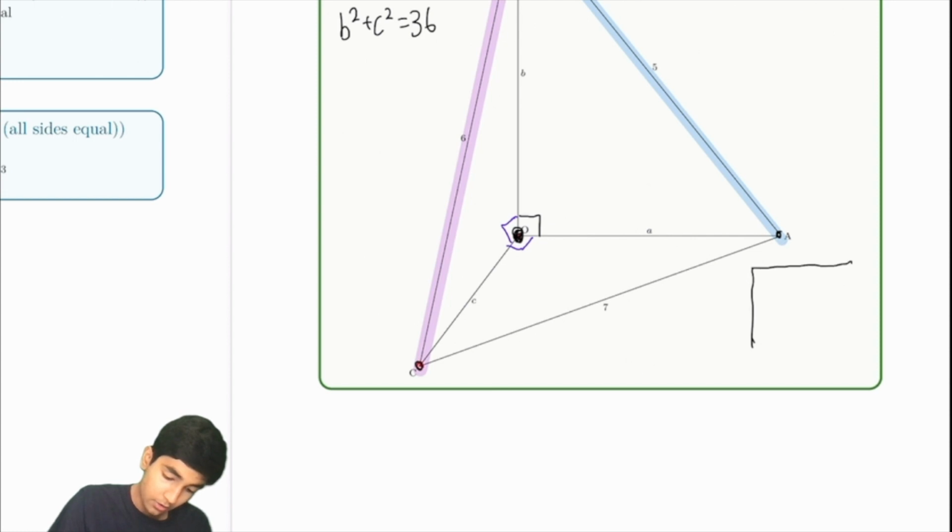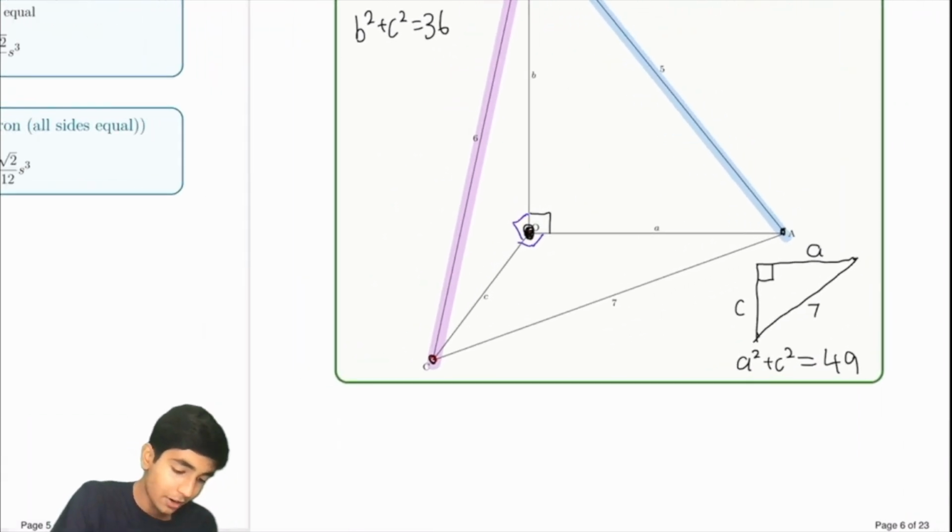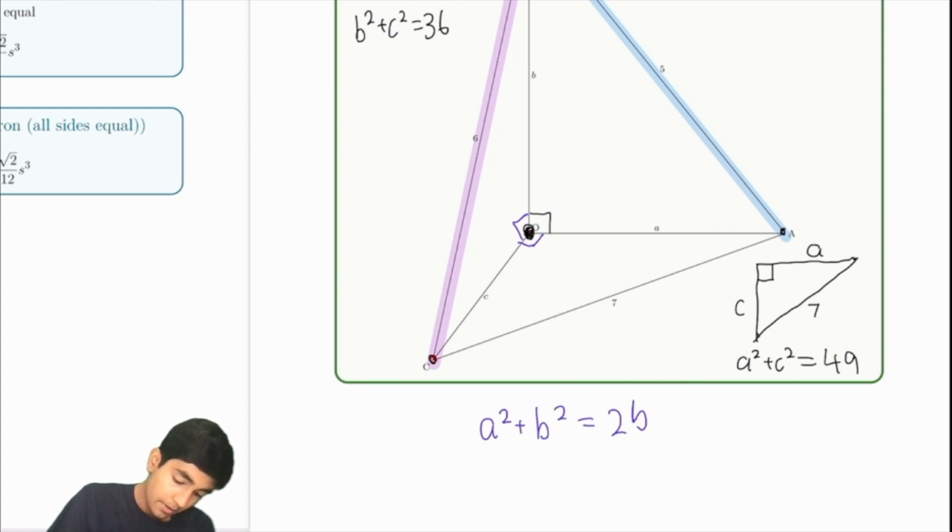There's a right angle there, so hopefully that helps with the visualization process. A squared plus c squared equals 7 squared, which is 49. So now we've got 3 equations and 3 variables. We know how to solve 3 variable equations. A squared plus b squared equals 25. B squared plus c squared equals 36.